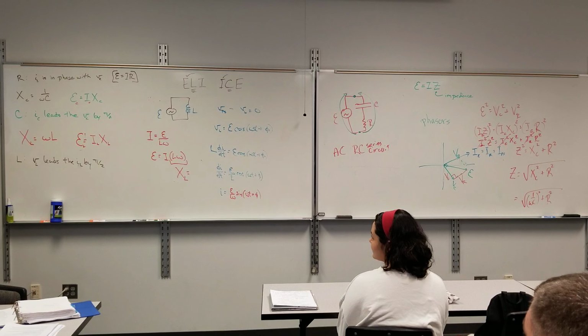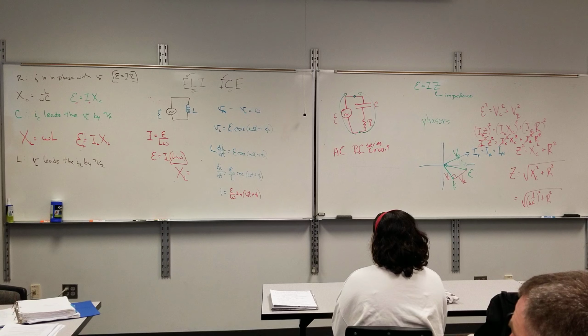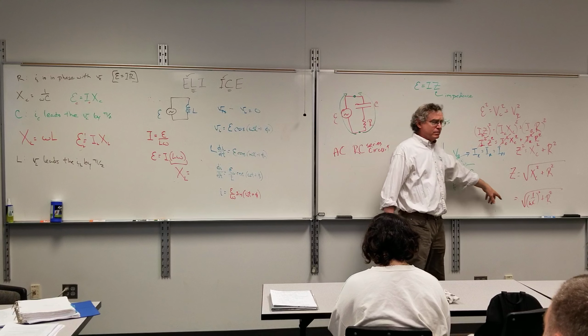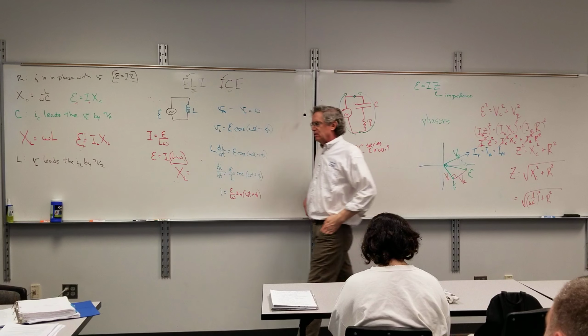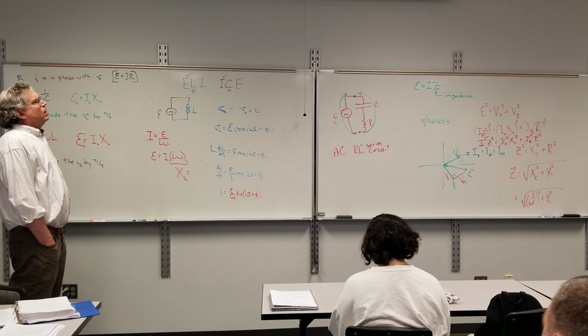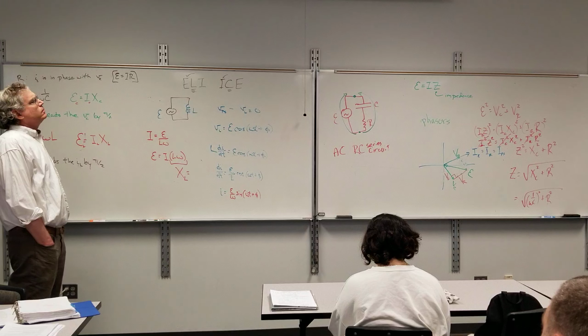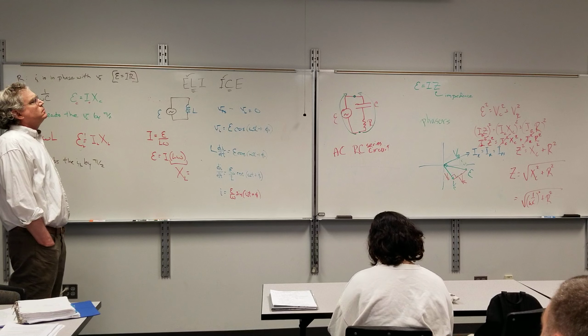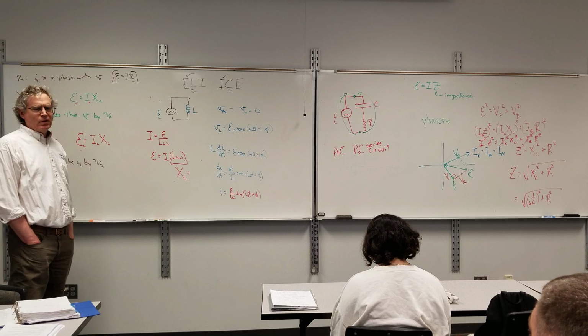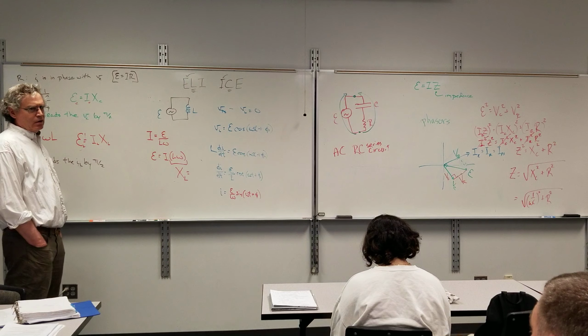Is it always changing, because it's alternating current? No, the impedance, once you have the formula, will be a set number. So the value of the current, if it's alternating current, the actual current's not going to change.